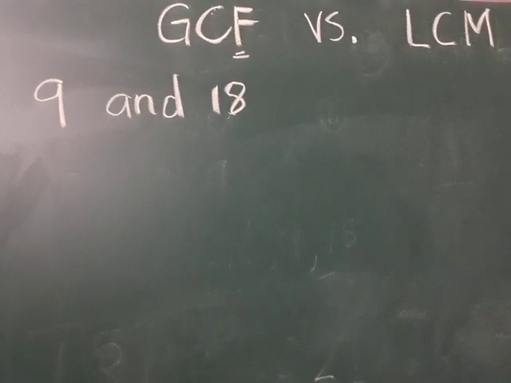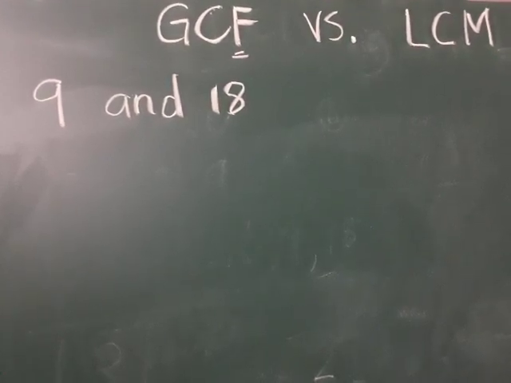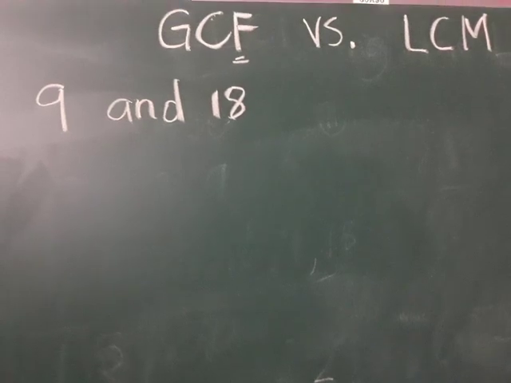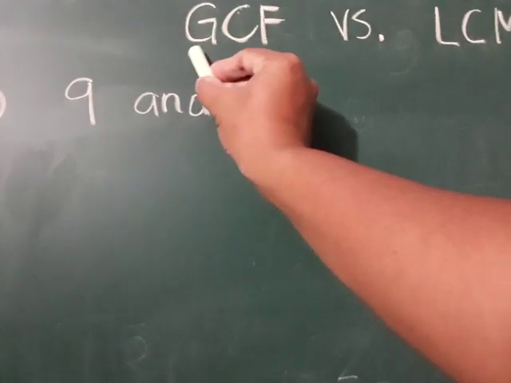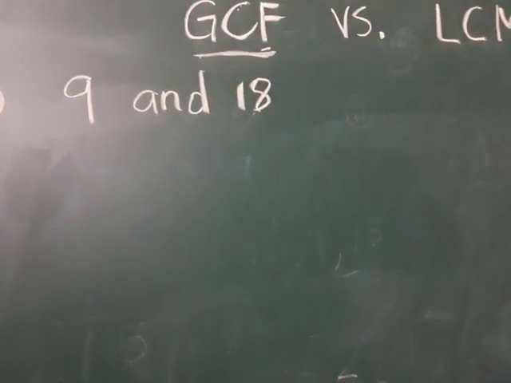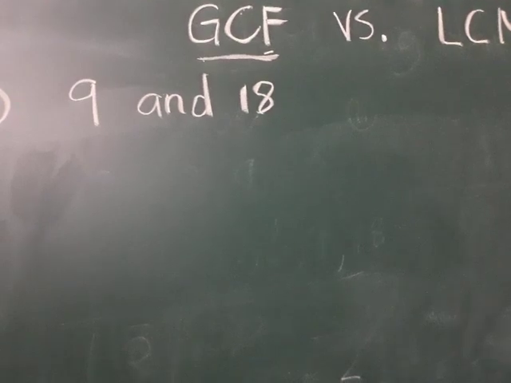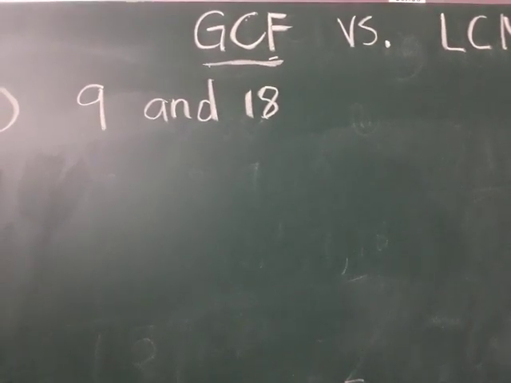So, what are the differences and similarities of GCF, or greatest common factor, and LCM, or least common multiple, and their uses? Okay, so when we talk about GCF, usually we use this for factoring, most especially in polynomials.